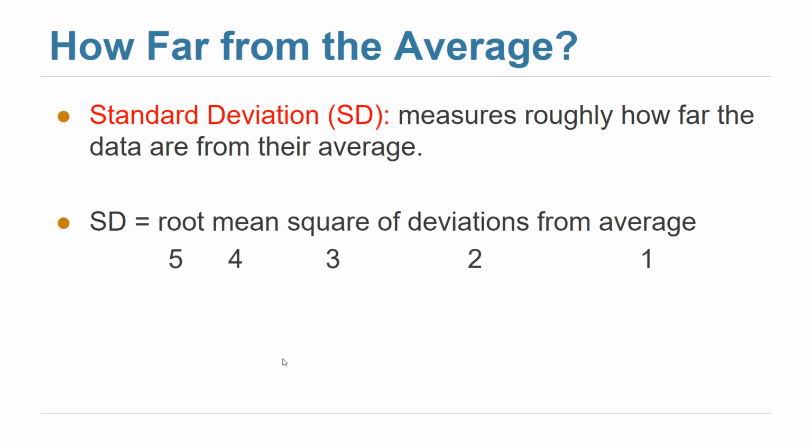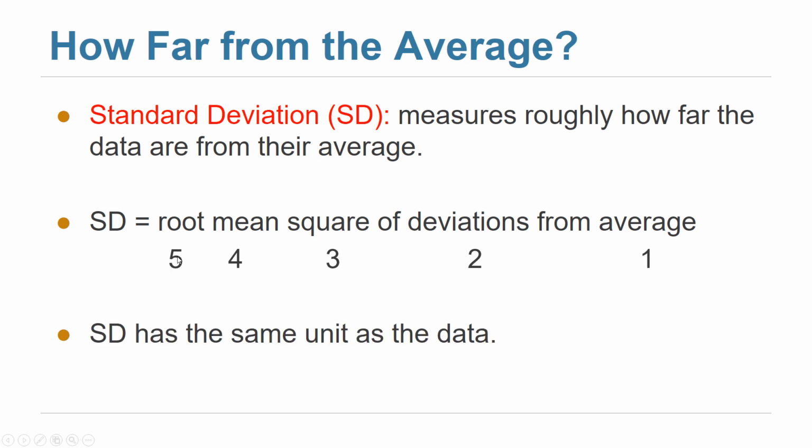We first compute the average of the values, then we compute the deviations from this average. We take the square of them because we want to get rid of the sign. Then we get the mean of these squares, and we take the square root of that mean, so that we get back to the same unit of the data. So that's the standard deviation.